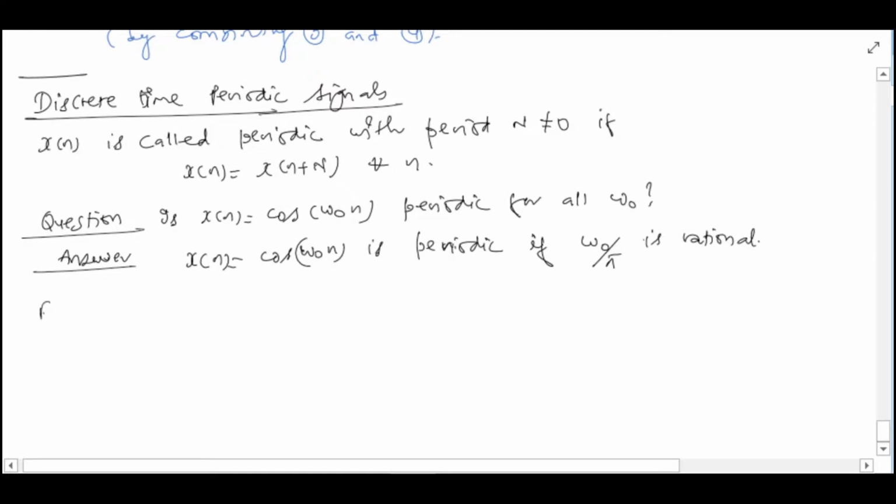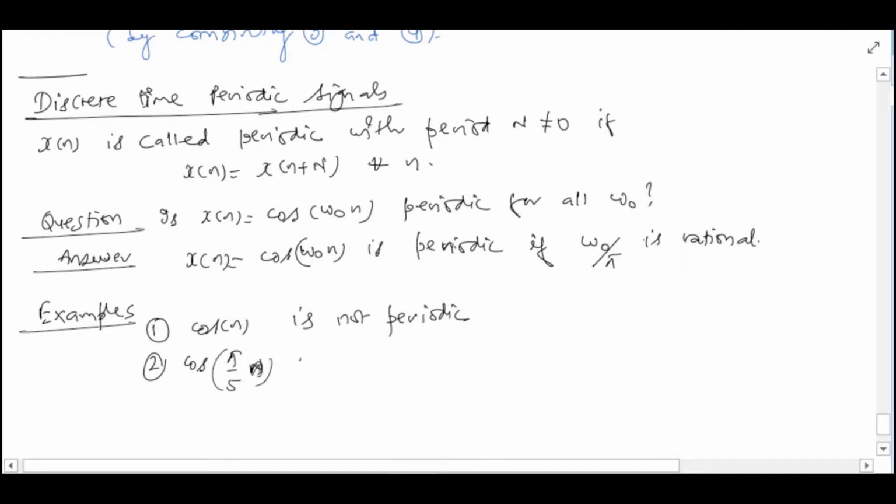Here are a few examples. cos(n): clearly 1 by pi is not rational, so this is not periodic. cos(5 pi by 5 n), what about this? This is periodic with period N equals 10.